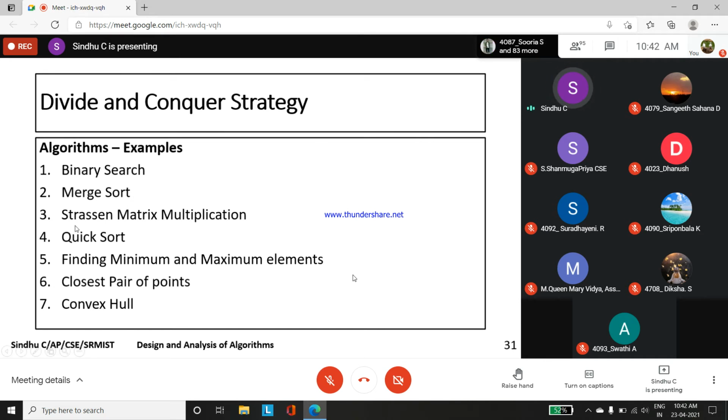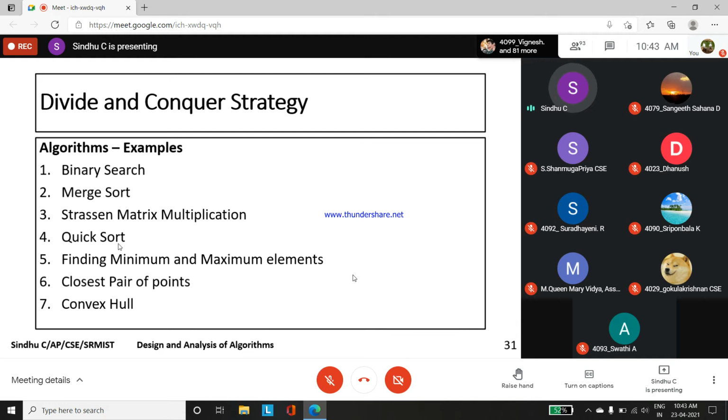Strassen's matrix multiplication is, you know that normal matrix multiplication takes n cube time to solve, right? In your C programming, you would have done this, where you have 3 for loops, i, j, and k. So it takes n cube time, and Strassen's matrix multiplication aims to reduce that n cube time, right?